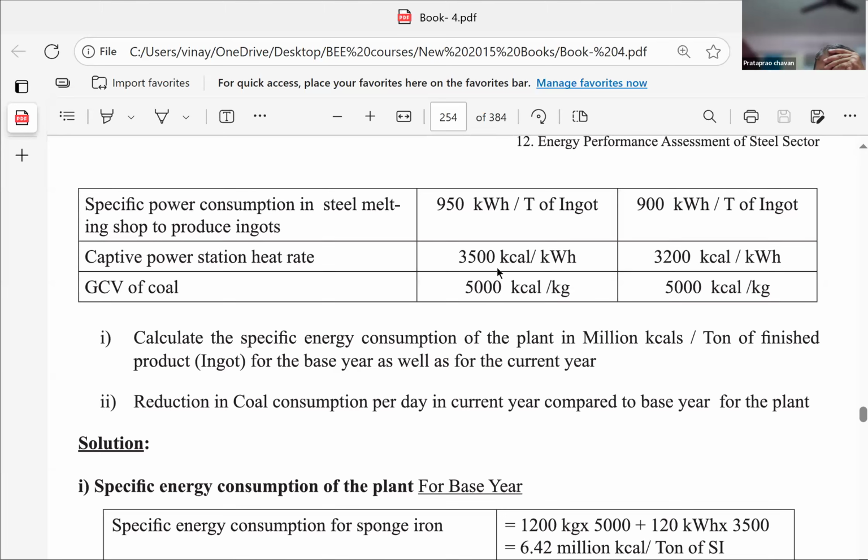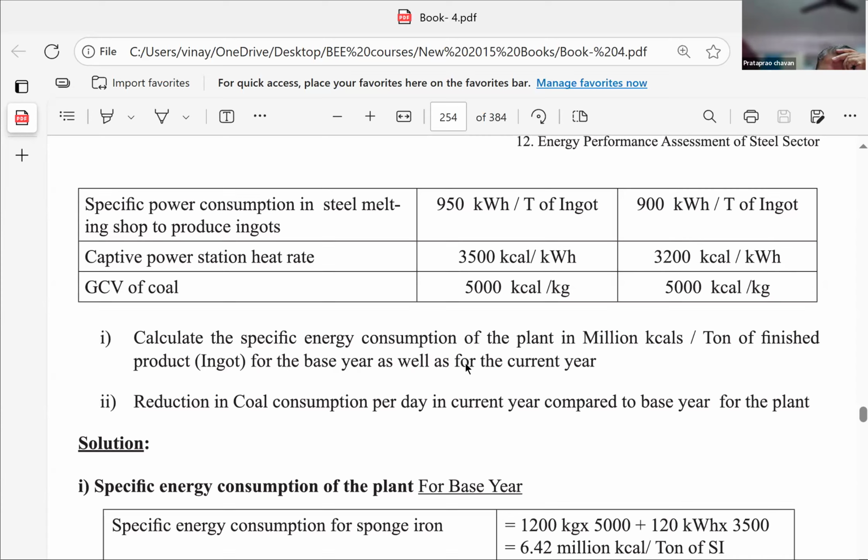Since more coal was used, the consumption was so many kilocalories. Now less coal is used, so consumption has come down to 3,200 kilocalories per kWh. Calculate the specific energy consumption of the plant in million kilocalories per ton of finished product for the base year as well as for the current year.